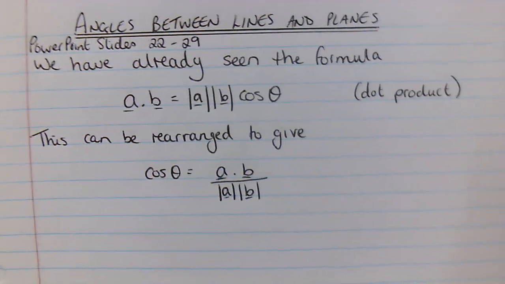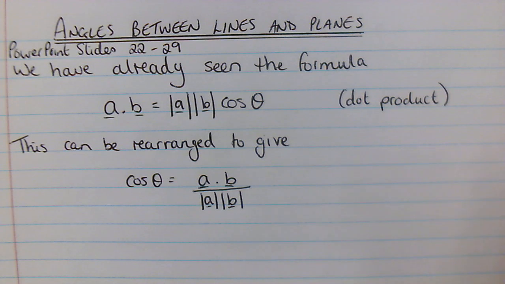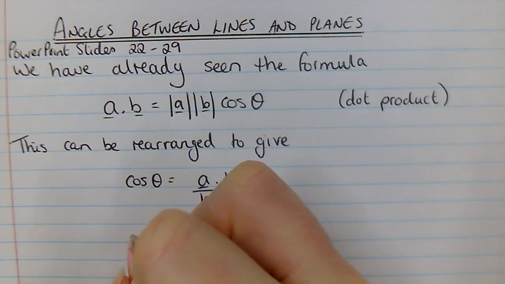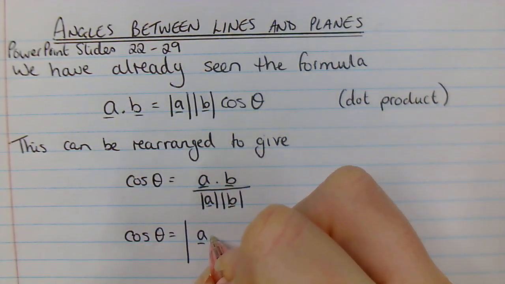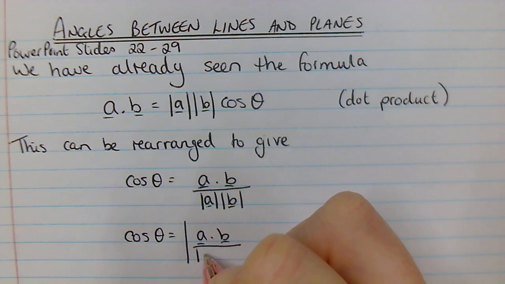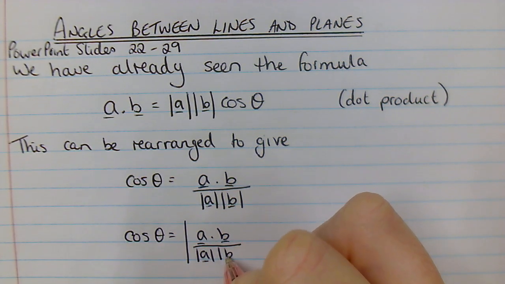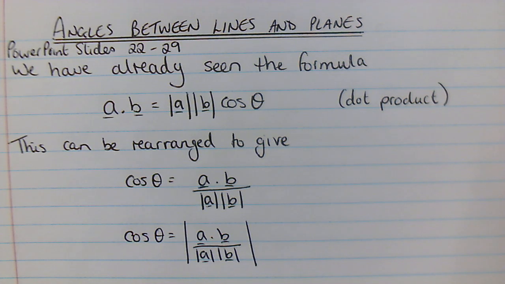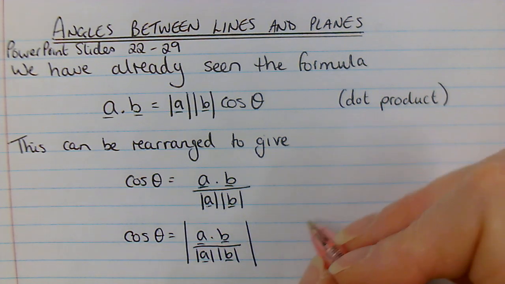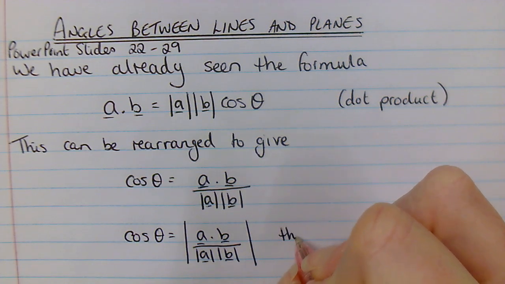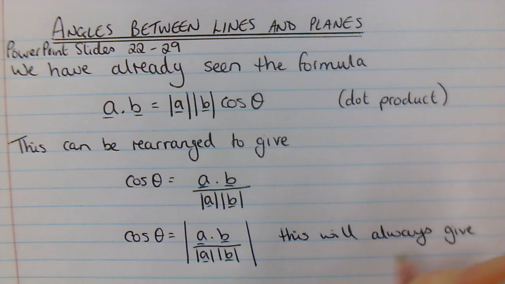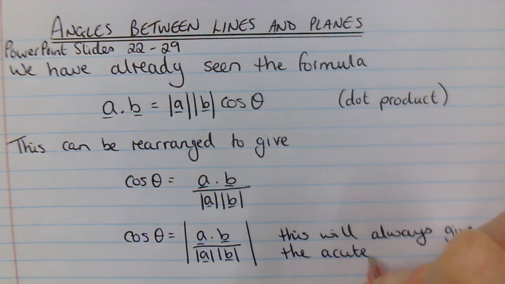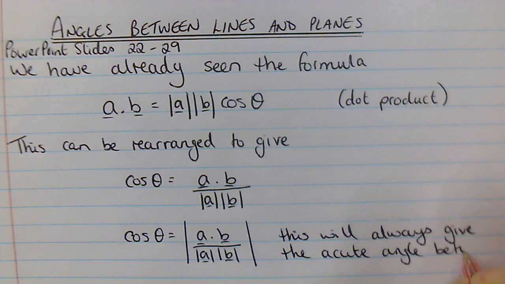But we can actually make a slight adaptation to this, which if you've seen the PowerPoint is already on there. And that's by taking the modulus of it. So if we take cos theta is equal to the modulus of A dot B over the modulus of A times the modulus of B, then this will always give the acute angle between the two lines.